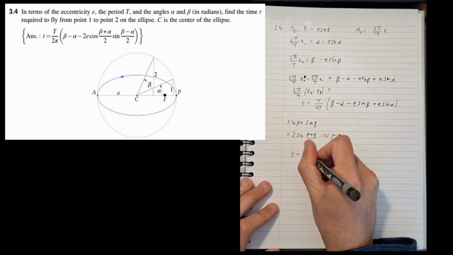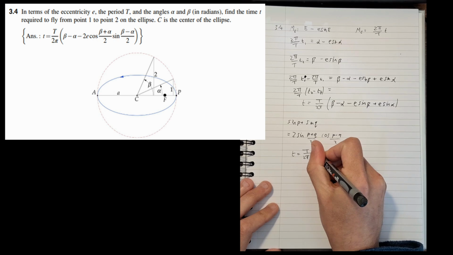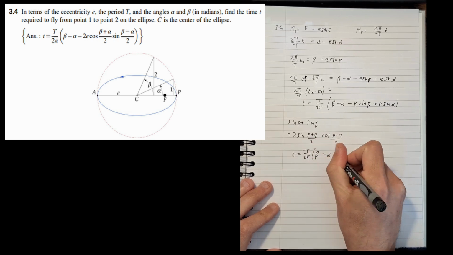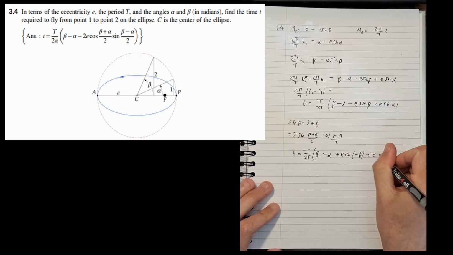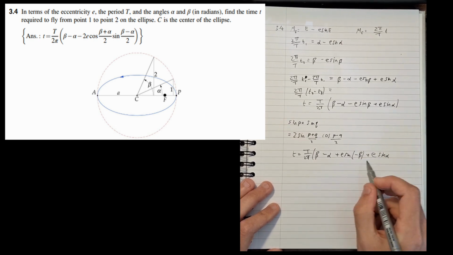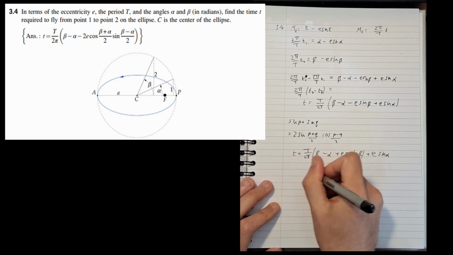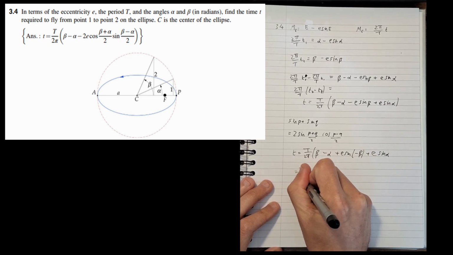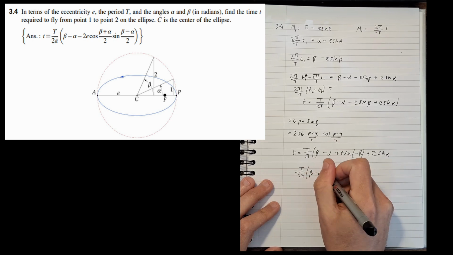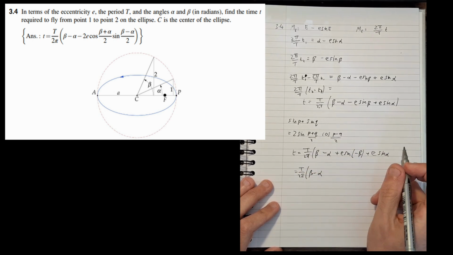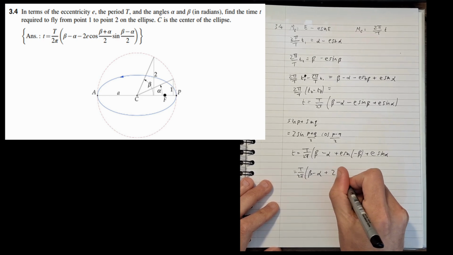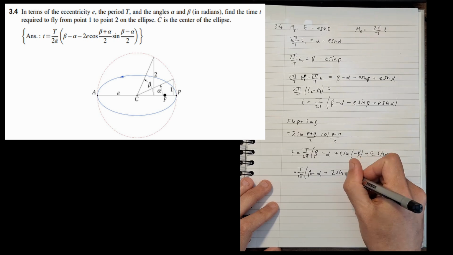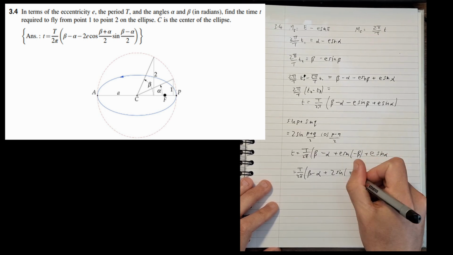We can do t equals T over 2 pi times minus alpha plus E sine minus beta plus E sine alpha, and then we're just going to use the negative sign to sort it out, so that becomes T over 2 pi times beta minus alpha plus 2 E sine of (alpha minus beta) over 2.